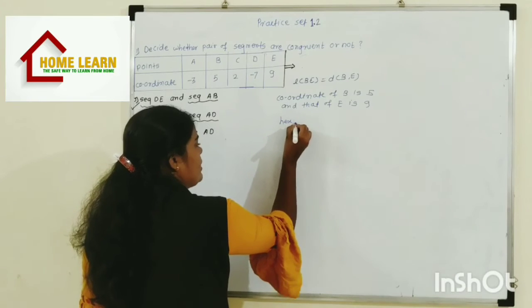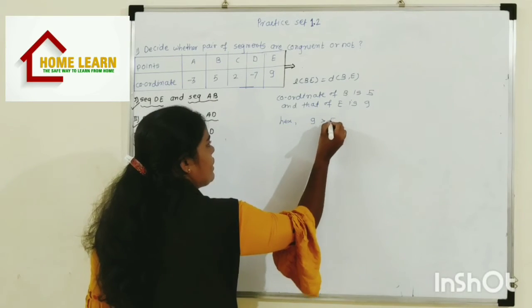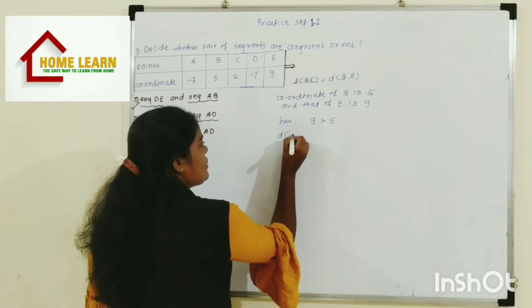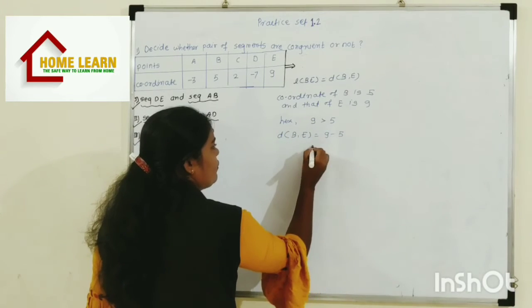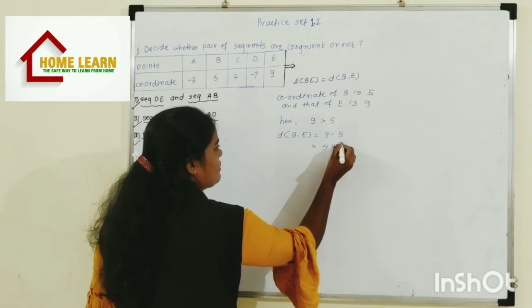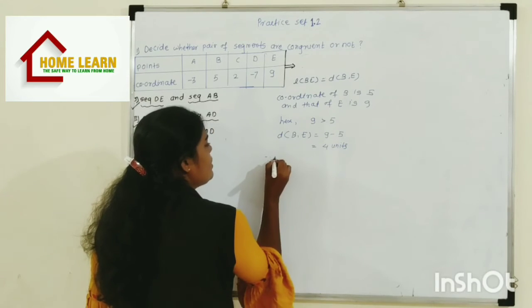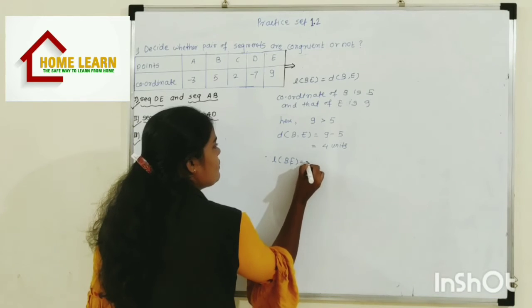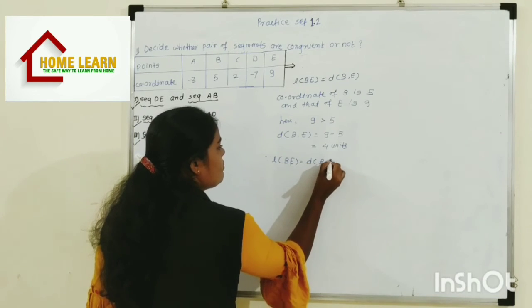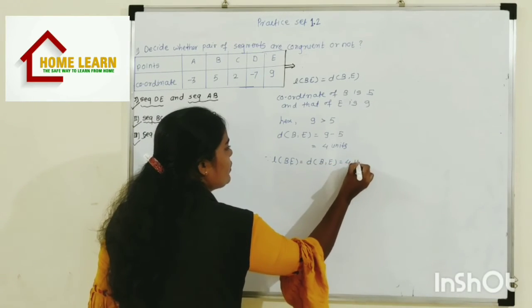So right here 9 is greater than 5, therefore the distance between point B and E is 9 minus 5, which is equal to 4 units. So right here the length of segment BE is equal to the distance between point B and E, which is equal to 4 units.